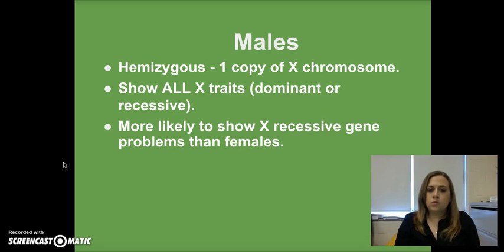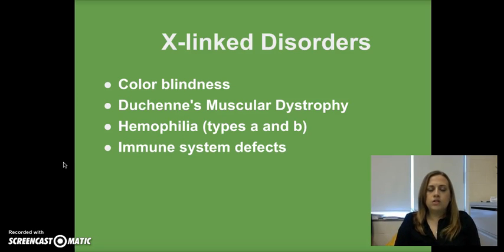And so that's why it's more likely for males to show X recessive gene problems than females. Because females have that second X chromosome, if they receive one recessive copy that codes for a disorder, they could also potentially have one dominant copy, which would be the phenotype that you see then.